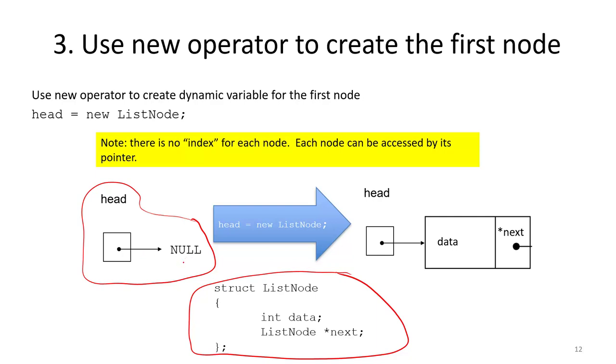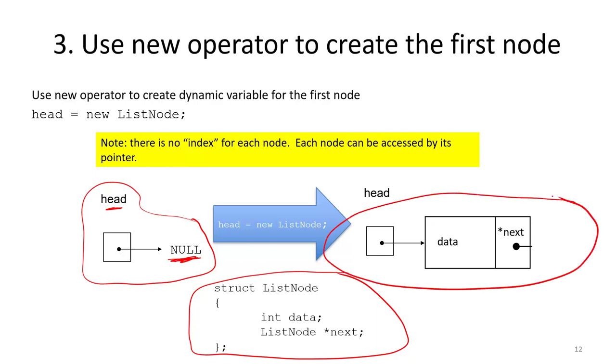In our third step, we want to take our head pointer, and instead of having it point to null, we want to make our head pointer point to a dynamic listNode struct.